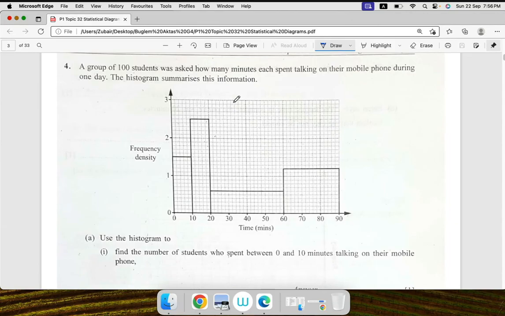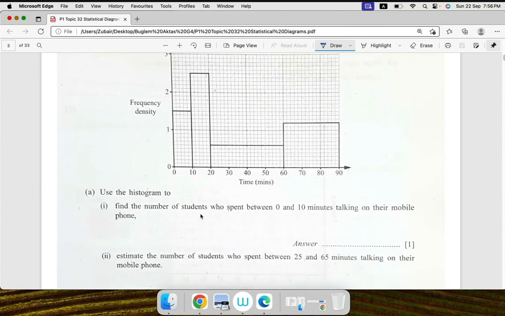Say that again. 15? 0 to 10 minutes. This is 0 to 10.